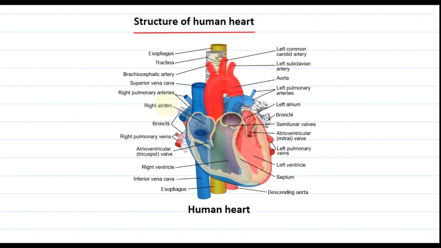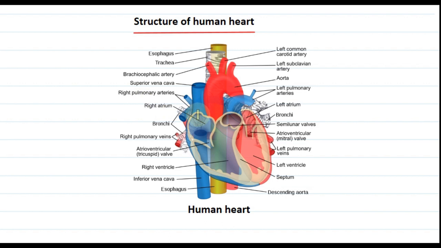Now this heart has four chambers, and the upper chambers are called atria. Atria is the plural form, whereas atrium is the singular form.